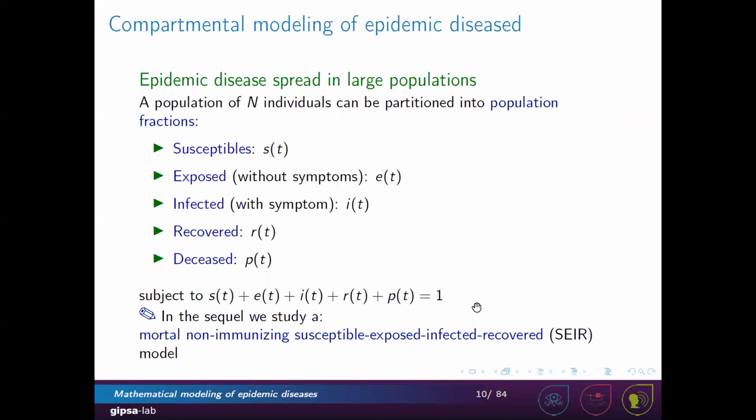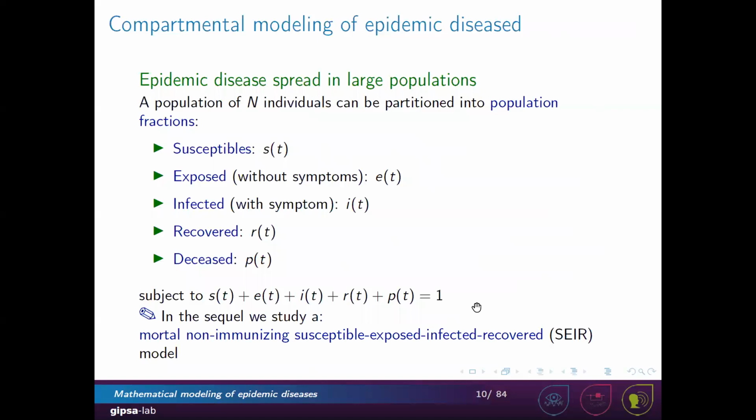Okay, there are various ways that we can relate these 5 groups together. What we will see in the following is a model which is called SEIR, which is a susceptible, exposed, infected, recovered model, which is a very common model in mathematical epidemiology.